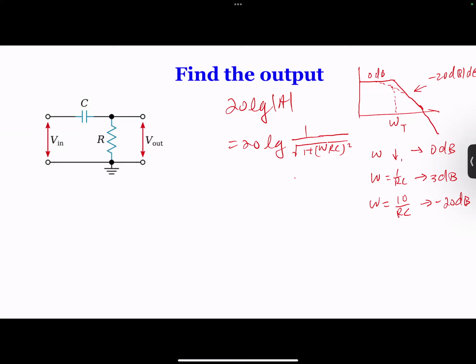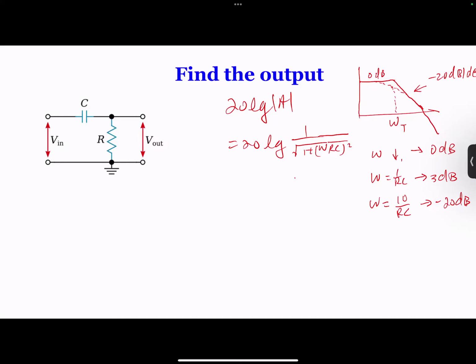Minus 20 dB means it decreased by 10 times. Every 20 dB is 10. So when your frequency increases 10 times, your output is reduced by 10 times. Your frequency increased by 100 times, your output will be decreased by 100 times. So the smaller your output.